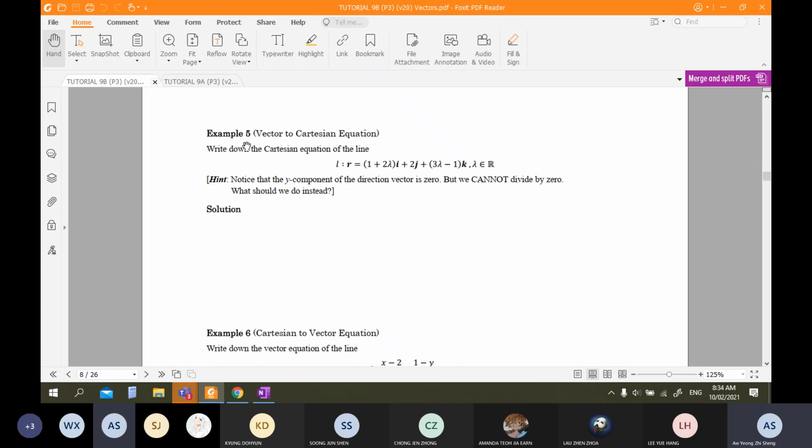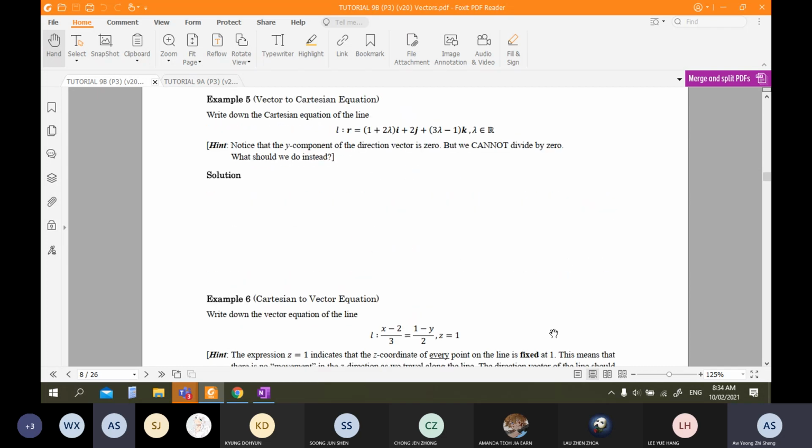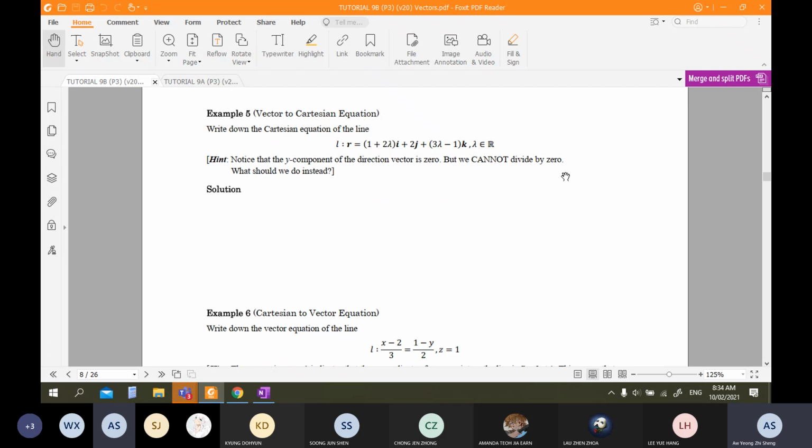In example number 5, the y component of the direction vector is 0. So when we state the Cartesian equation, the y coordinate is stated separately, because we cannot divide by 0. It can no longer be written in a fraction form.